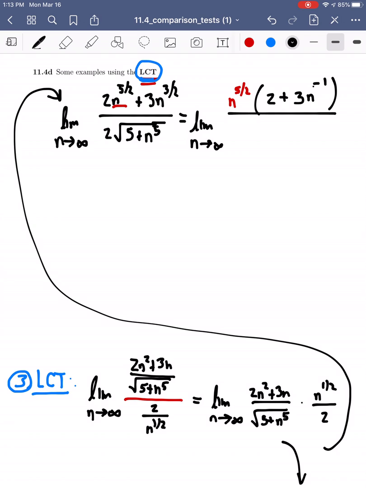And if we do something similar in the denominator, we're going to pull out the n to the 5th out of that square root. So we're going to pull out an n to the 5/2 out of that square root. We still have that coefficient of 2 before that square root, but inside that square root now we're going to have 5 over n to the 5th, plus a 1.